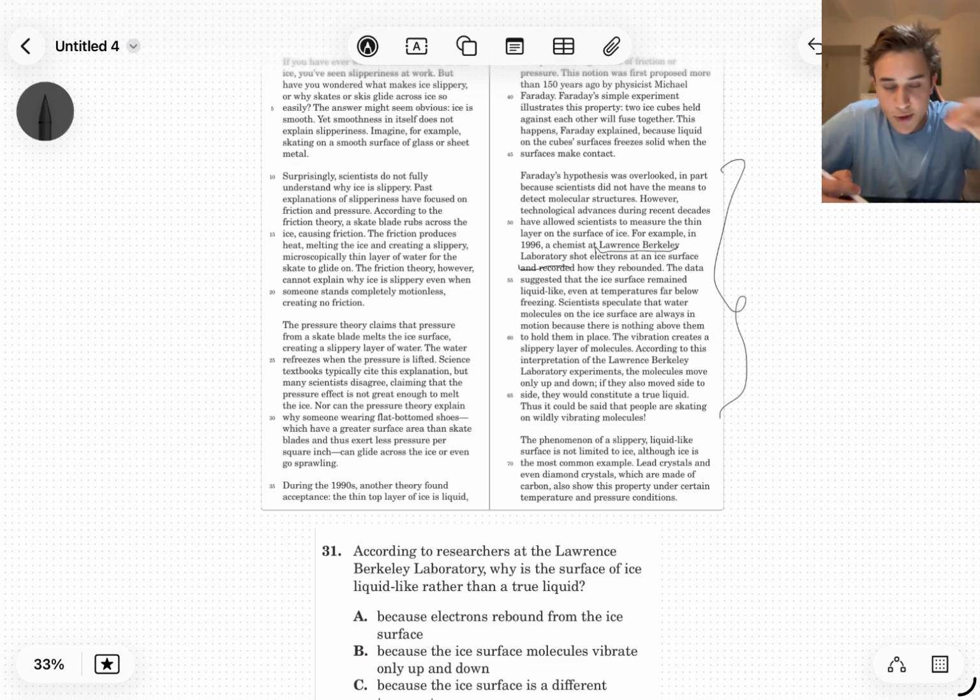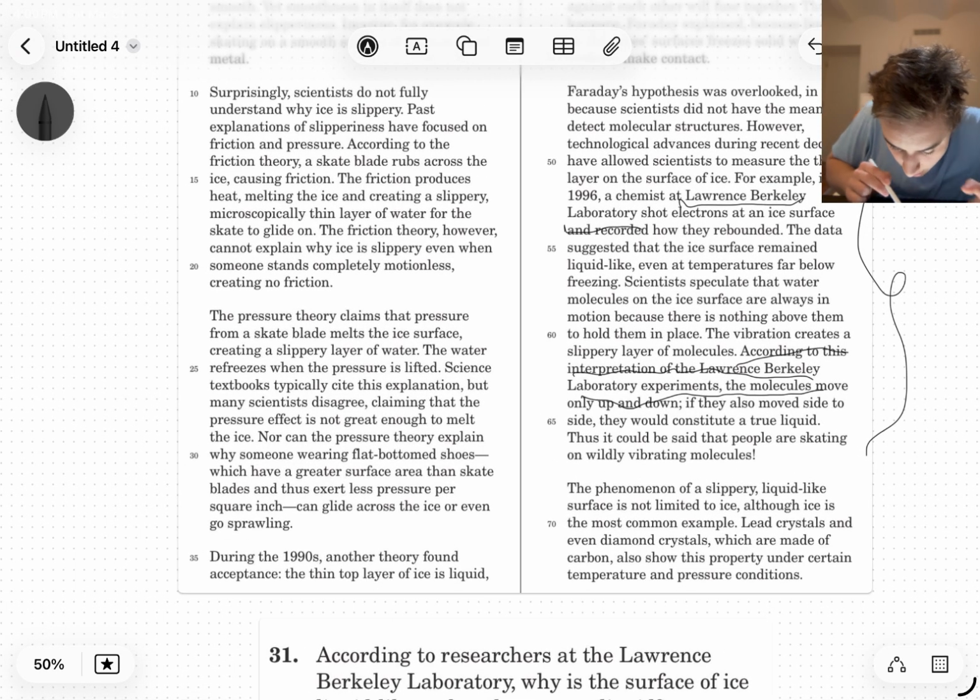This data suggests that the ice remains liquid-like as opposed to becoming a liquid, even at temperatures far below freezing. If we read further, according to this interpretation of the Lawrence Berkeley Laboratory experiments, the molecules move only up and down. If they also move side to side, they would constitute a true liquid.